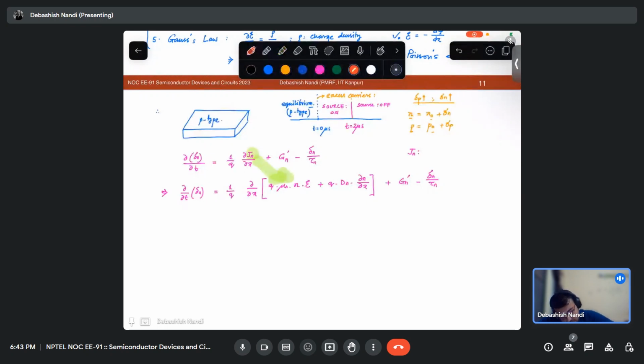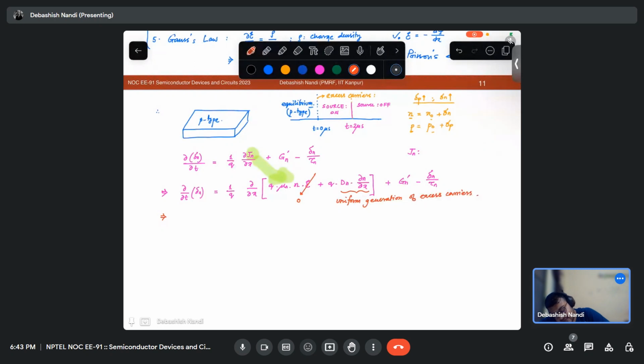Now what will you do? We see that the external source is not some kind of electric field. It is not mentioned, so this quantity is 0. And we assume uniform generation of excess carriers. What does that mean?